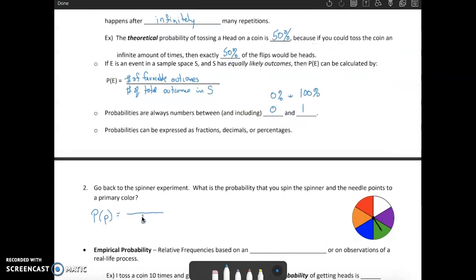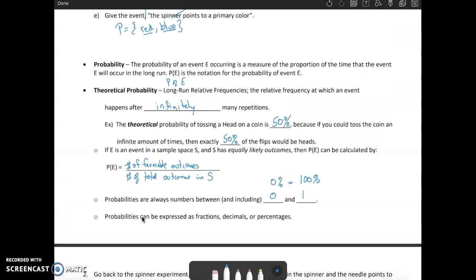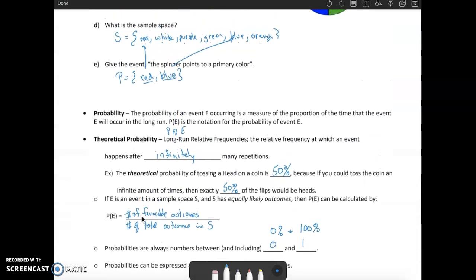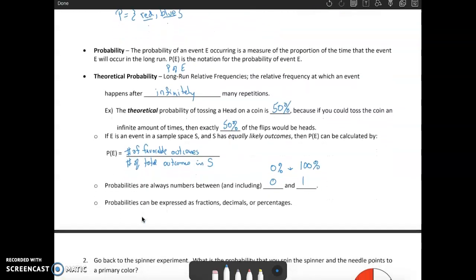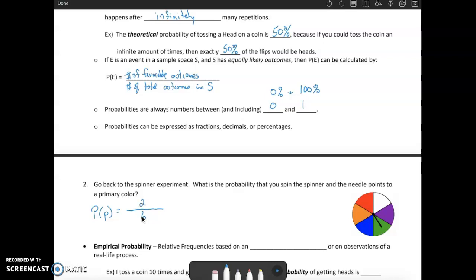And how many are favorable as far as being a primary color? So how many of those ended up in that event? There were 2 ways that that could happen. So there are 2 out of 6 ways to spin a primary color, which reduces to 1/3. I would probably just leave it as that reduced fraction. You could divide that out and get approximately 0.33 repeating, or 33.33% forever. But 1/3 is probably a good way to leave that.